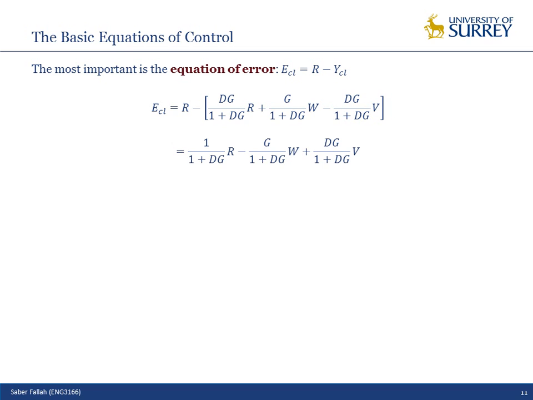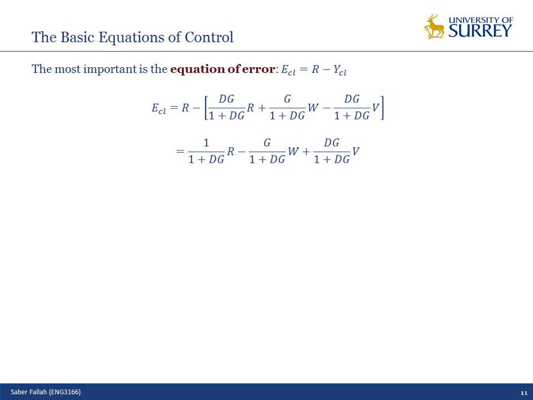If again I reshape or simplify this relation, R minus DG over 1 plus DG R will be equal to 1 over 1 plus DG multiplied by R, minus G over 1 plus DG W plus DG over 1 plus DG V. So this is the relation for the error of the closed loop system based on three inputs: reference, W, and V.